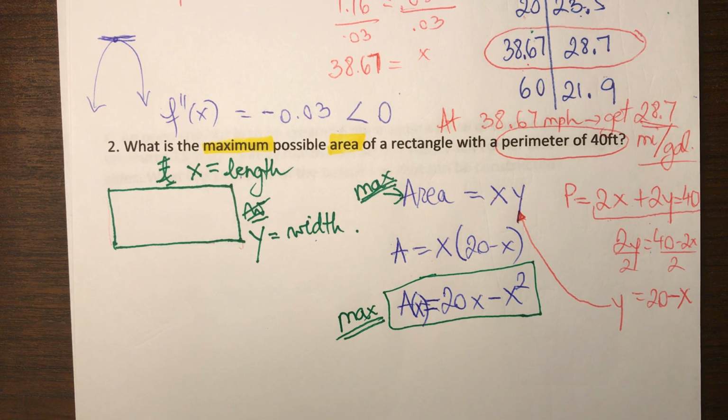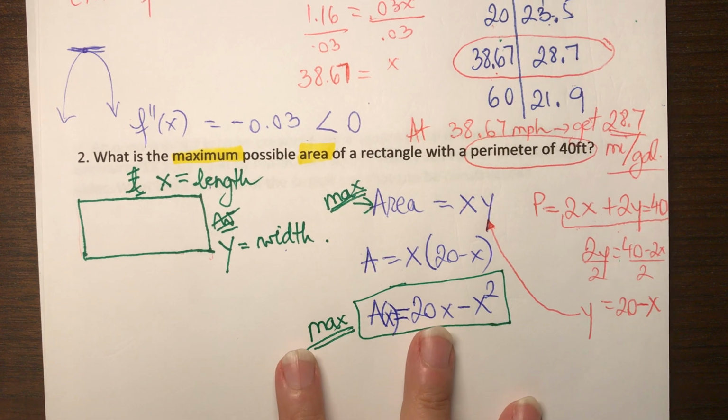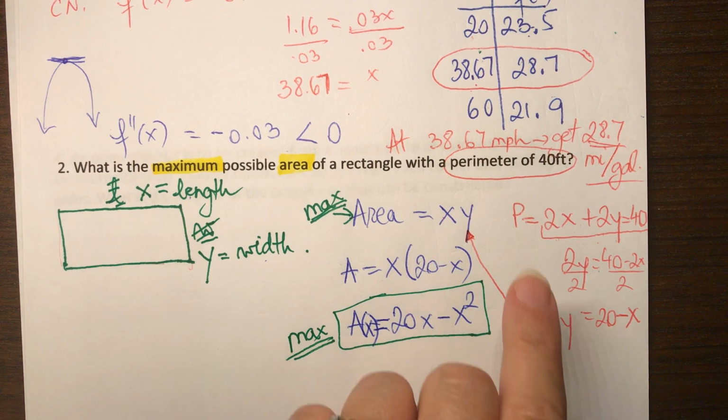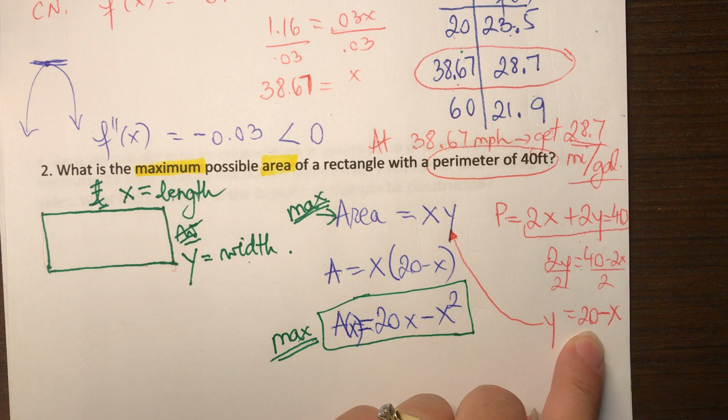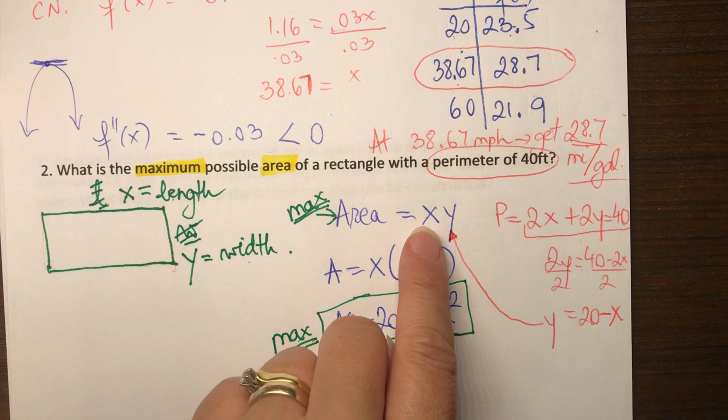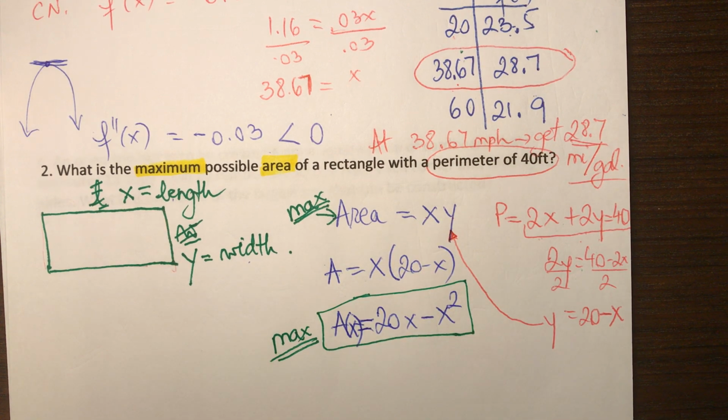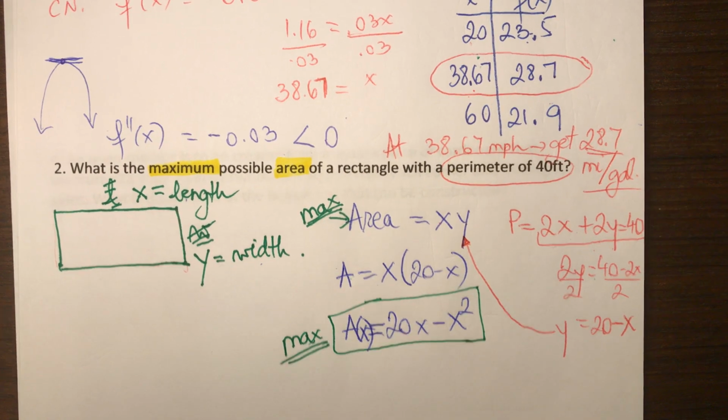How do you find area? Well, there's the formula. It has 2 variables. That's a problem. Is there something else about this x and y? Yes. We use this condition to solve for y in terms of x and plug it in, and all of a sudden I got rid of one of the variables and only have one left.